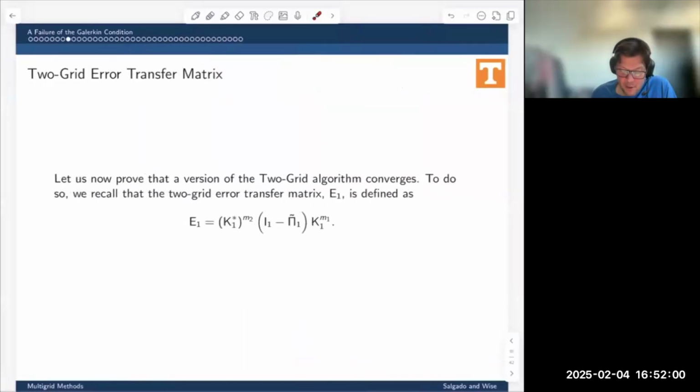Well, I'm going to go back all the way to the definition of E1. E1 is the sandwich of K1 star to the M, because I said M1 and M2 are the same, I1 minus pi 1 tilde times K1 to the M. Well, M1 is equal to M, so these two numbers here are the same. But notice that E1 has sandwiched inside of it I1 minus pi 1 tilde.